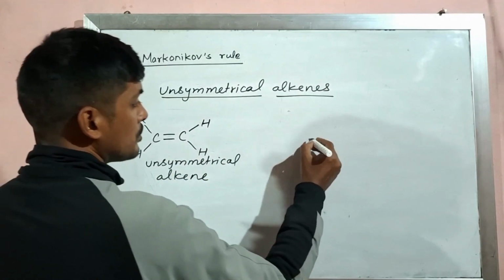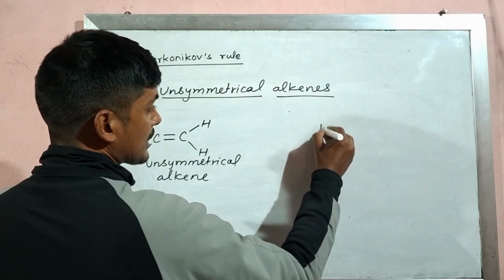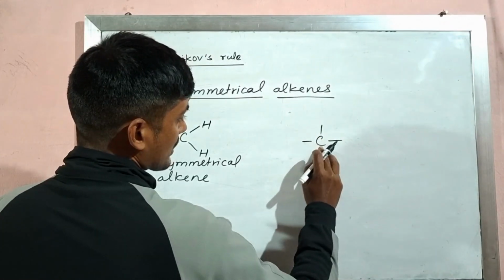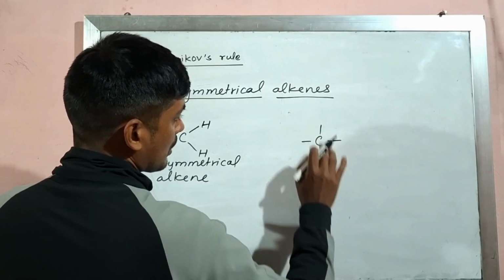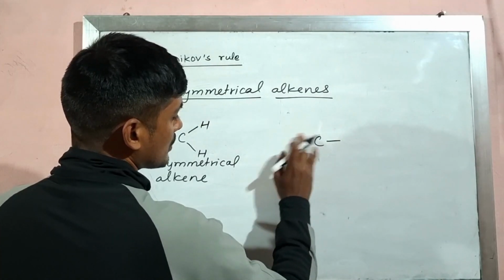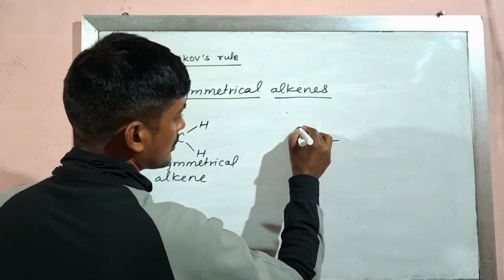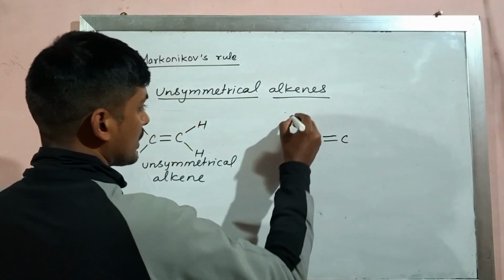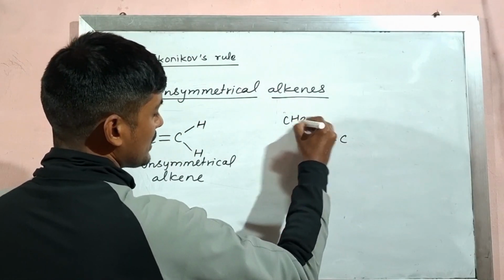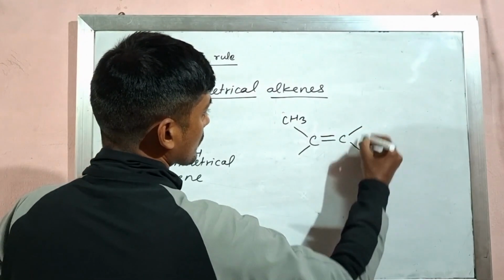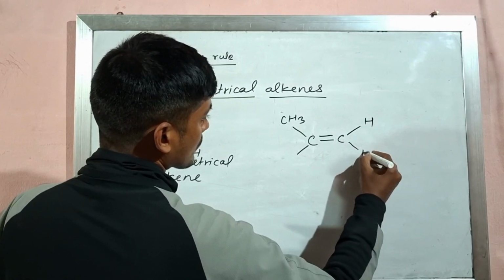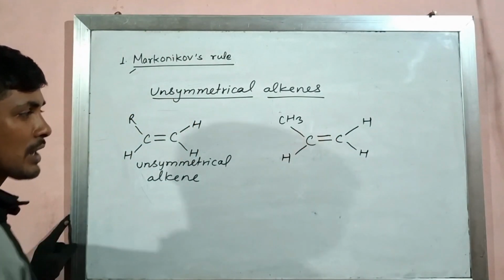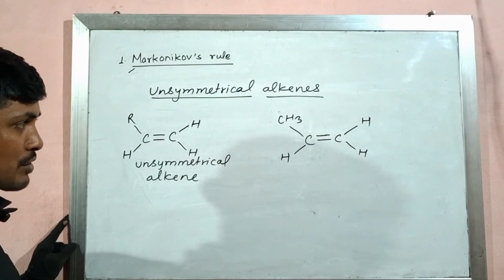Or we can take another example of an unsymmetrical alkene, where there is CH3 on one of the carbons, but the other carbon has both hydrogen atoms.